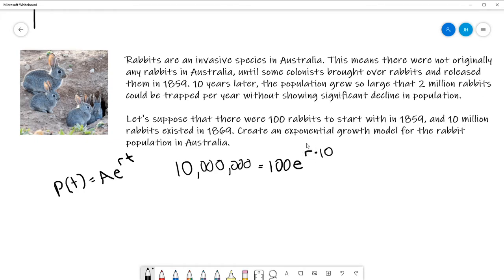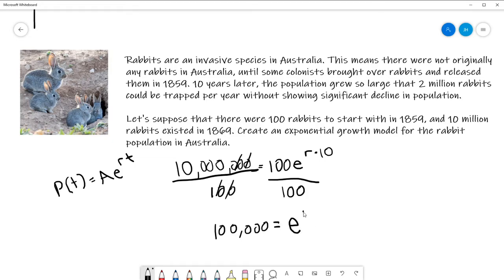Okay, so let's get started. I'm going to divide both sides by 100 to get rid of that 100 in front of the e. That gives me 100,000 equals e to the power of r times 10.